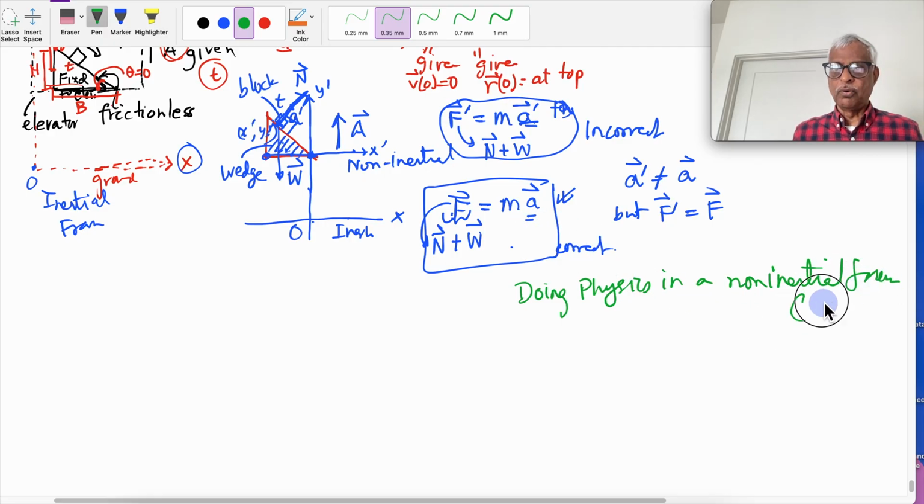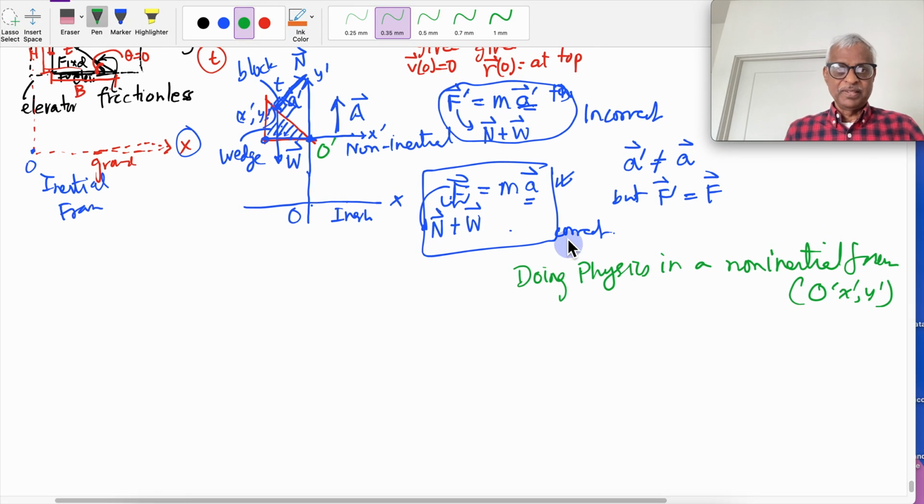That's an O prime, X prime, Y prime frame. So this is O prime. If you look at this, that's the R prime vector, and from here to here is the R vector, and from here to here is the little r vector.